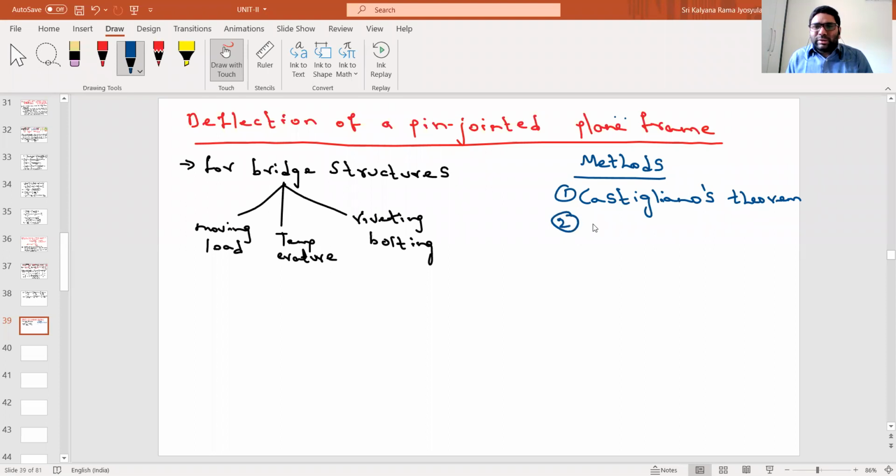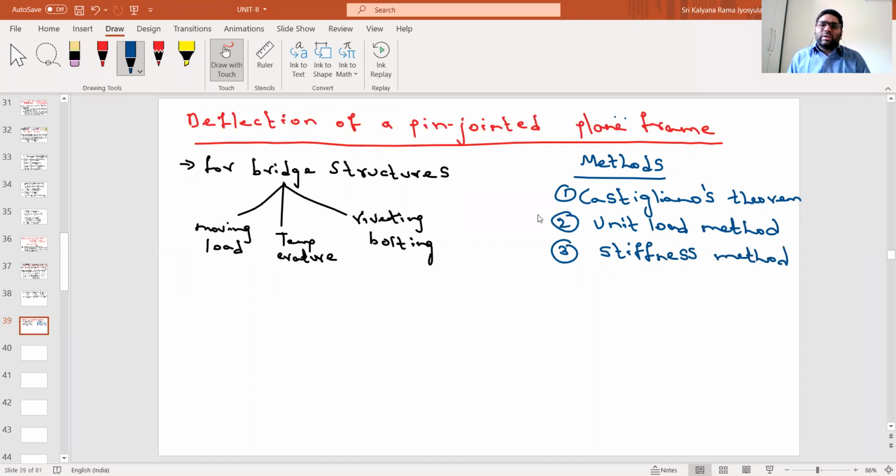The second method is the unit load method. The third one is the stiffness method. We are right now looking into the unit load method, or to some extent we can also use Castigliano's theorem.